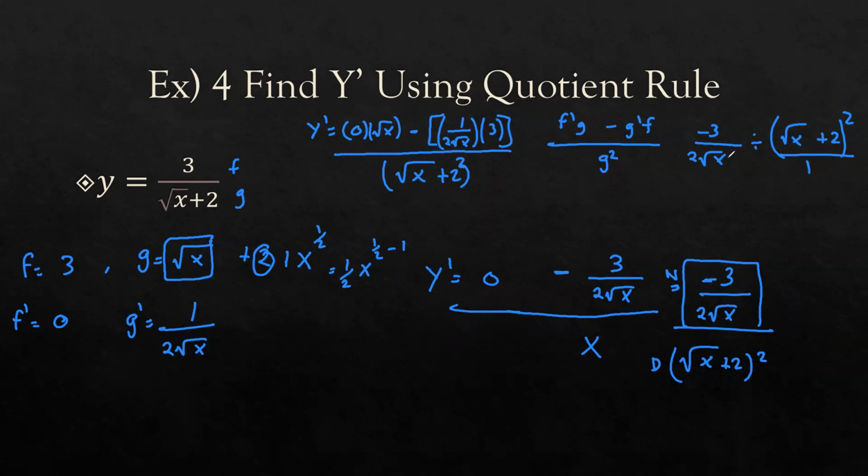So 1 times negative 3 is negative 3. And on the bottom, I'm just going to leave it: 2 radical x times radical x plus 2 squared. I would not FOIL this out; I'll just leave it as it is. So it's 2 radical x times parentheses radical x plus 2 parentheses squared. Okay, so this is y prime.